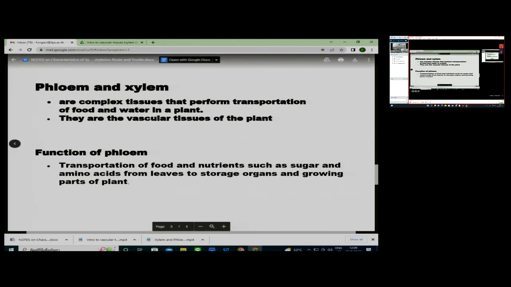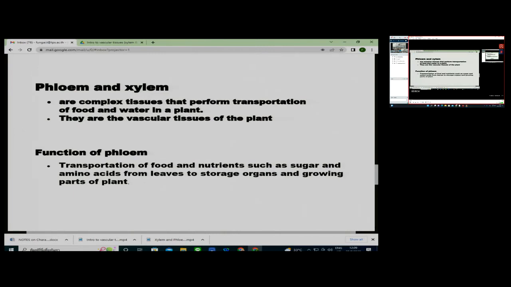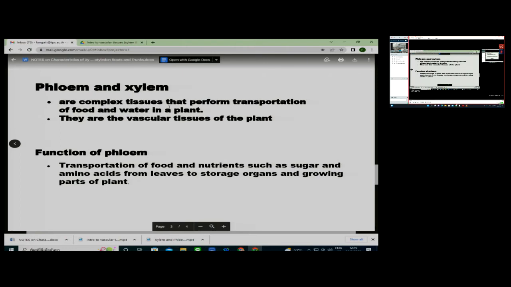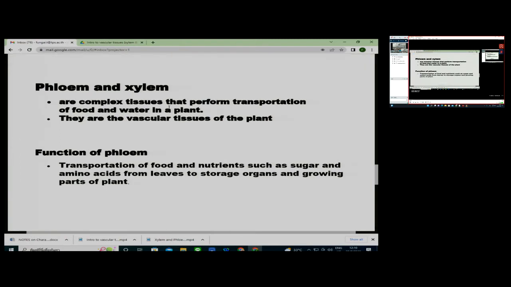When we say complex, we're saying these things are peculiar, they are special, they have a special role, which is different from other structures. They are vascular tissues, or simply pipes.